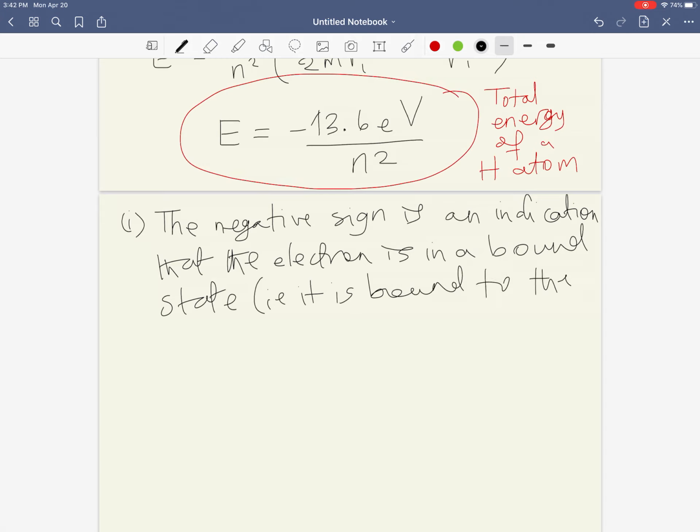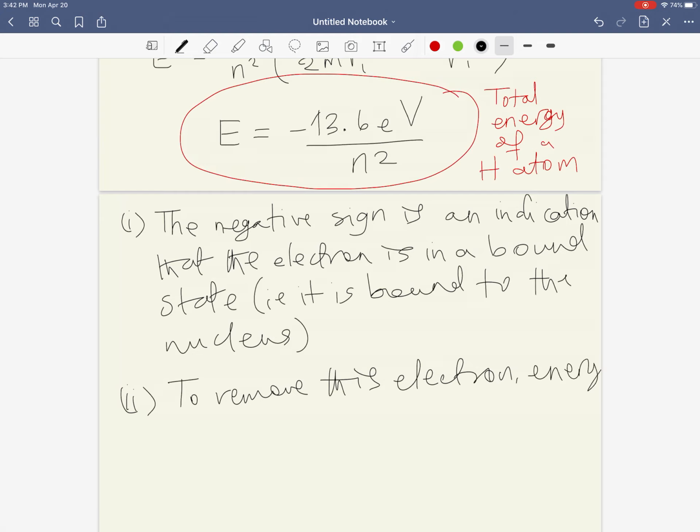It's bound to the nucleus or to the proton. Okay, so what this implies is that in order to remove the electron, we have to add energy. Energy must be added to the atom.